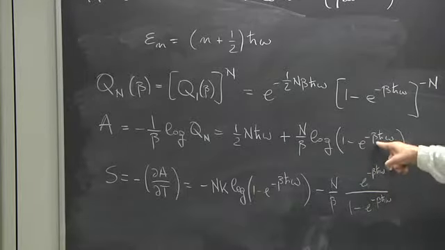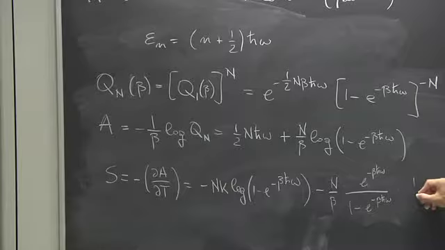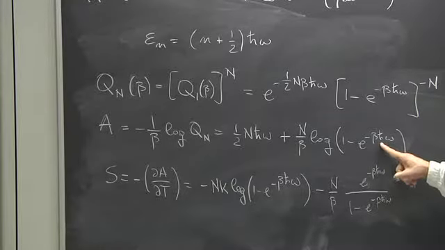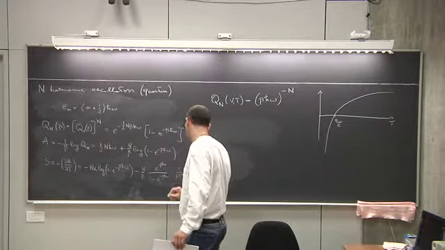At the end, I have the derivative of beta with respect to T. Beta is 1 over kT, so the derivative is minus 1 over kT squared.